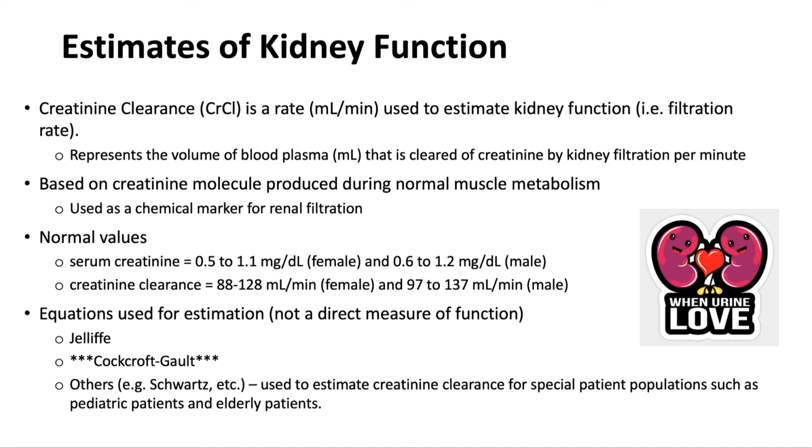There are some formulas like the Salazar-Cochrane or the MDRD that calculate it maybe more accurately in obese patients. And we'll talk maybe a little more about that. But while these two, Jelliffe and Cockcroft-Gault, are common ones, they're certainly by no means the only ones. And that's why this is an entire area that you can spend a lot of time learning about, how to estimate kidney function. We are just kind of scratching the surface.